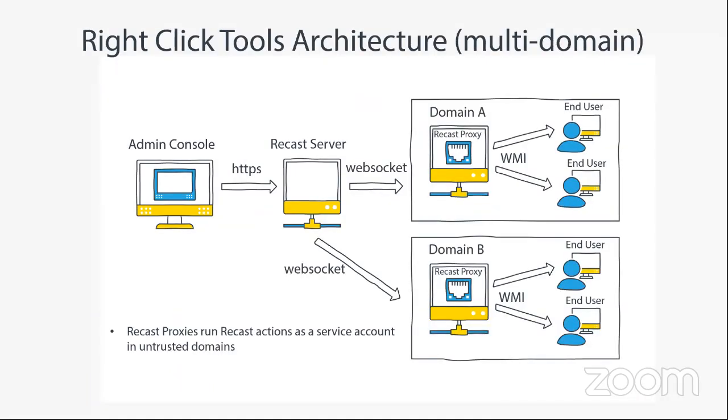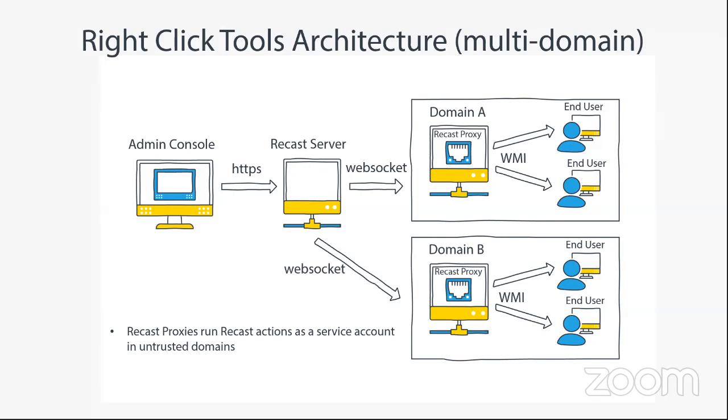Where things get maybe a little more complicated is our untrusted domain scenario or a multi-domain scenario. And you think about this in the context of, like, buying corporations, right? So we have Corporation A with domain A, Corporation B with domain B, and we want to be able to extend our right-click tools into Corporation B's network without setting up any trust relationships between them. Well, what we can do is spin up a Recast Proxy inside of domain B, right?